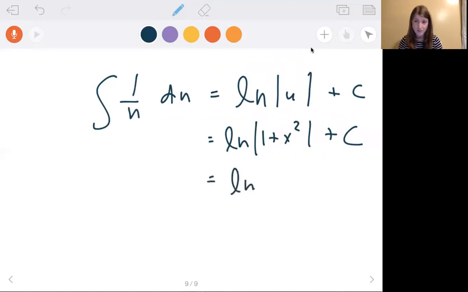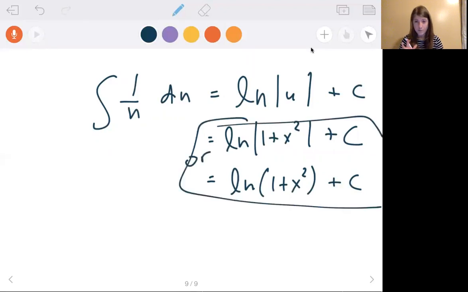It's fine to leave them, but 1 plus x squared is never negative because that x squared can never be negative. So when you add 1 to it, you're always positive. Don't stress about it. I would accept either of those two last lines. Always better to leave the absolute value if you're not sure if you can remove them than to take them off.